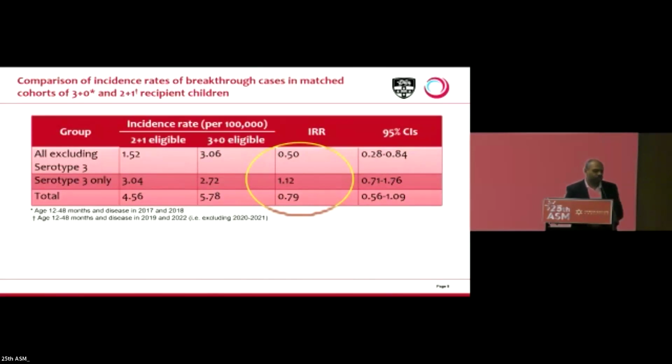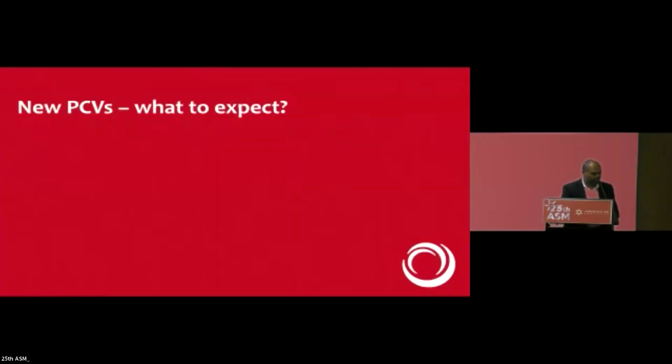And we removed cases in the pandemic years. So the thing to note here is that if you look at the top row, for all serotypes excluding serotype 3, there's a 50% reduction, and that is statistically significant. For serotype 3, there is no real difference, and therefore there is no real difference in total breakthrough case rates in the two cohorts.